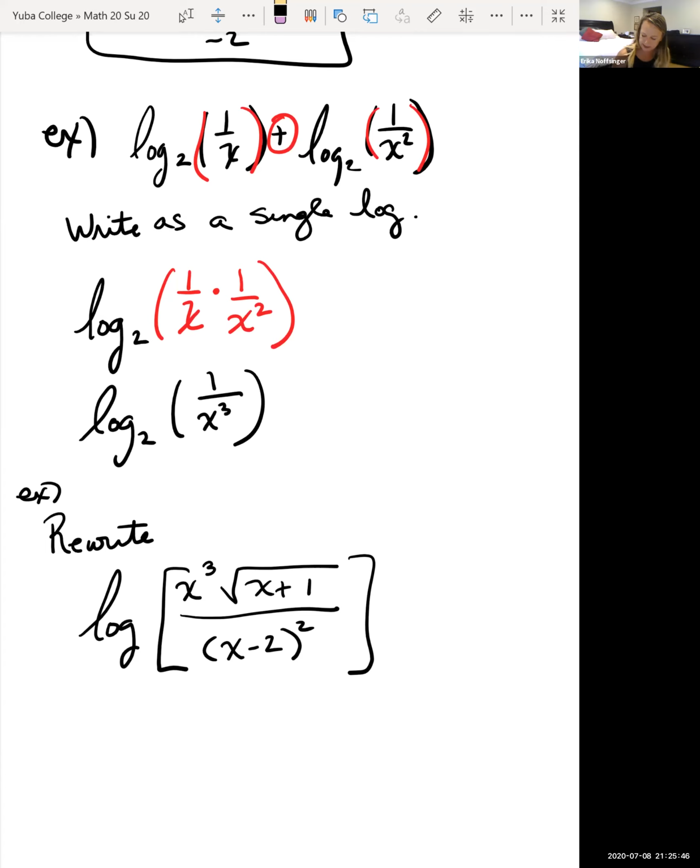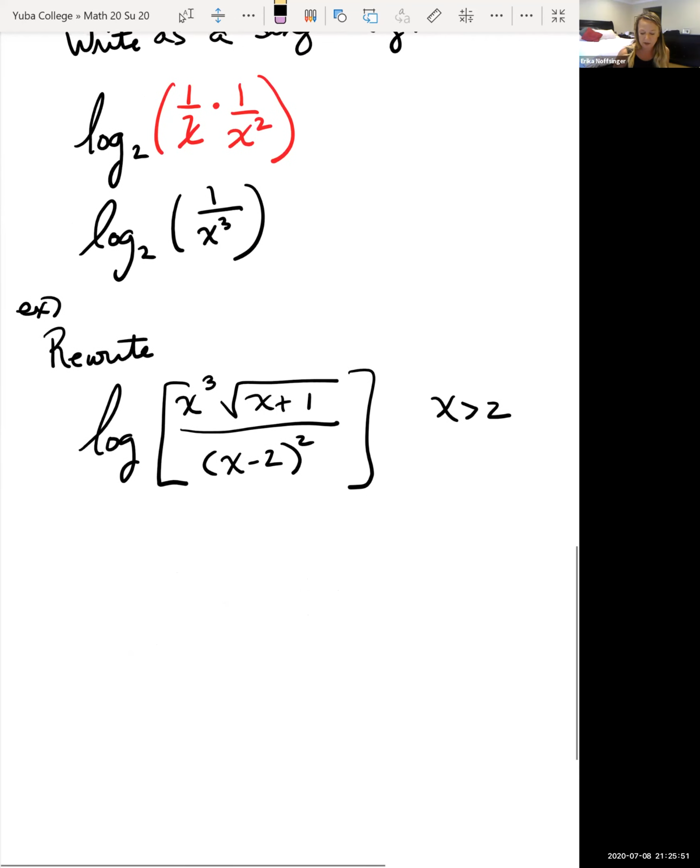They tell us that x is greater than 2. That must be part of the domain. And we want to rewrite this as a sum or difference of logarithms, express powers as factors.